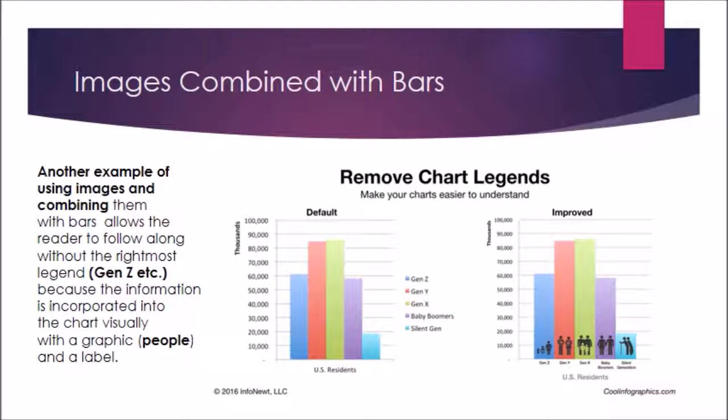Okay, I'm not really sure what they're trying to say here. I guess that's what they are, because the information is incorporated into the chart visually with a graphic, as in people, and a label. So it's improved when we have these people like Generation Z, Generation Y, Generation X, baby boomers, and the silent generation.